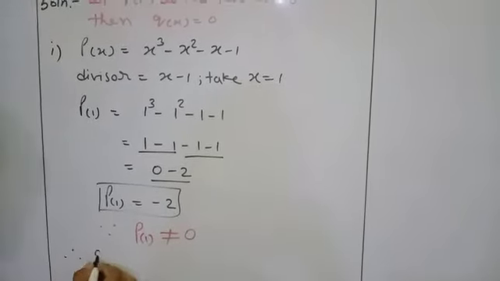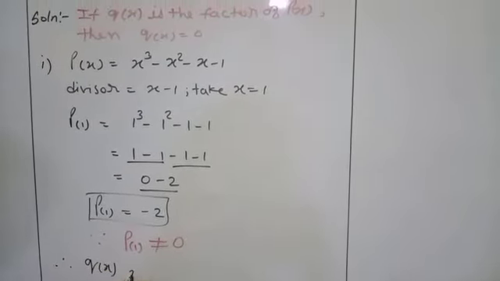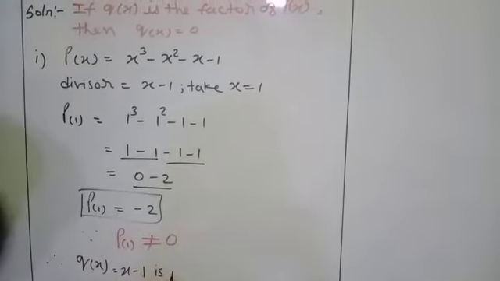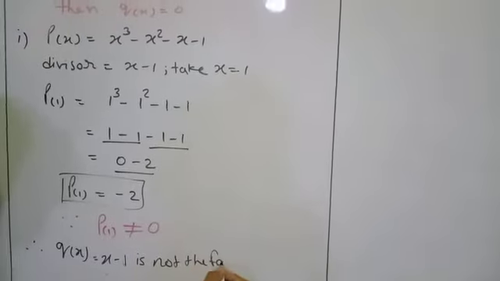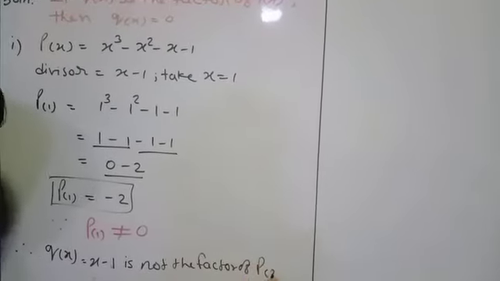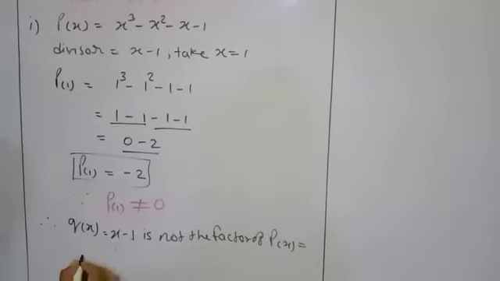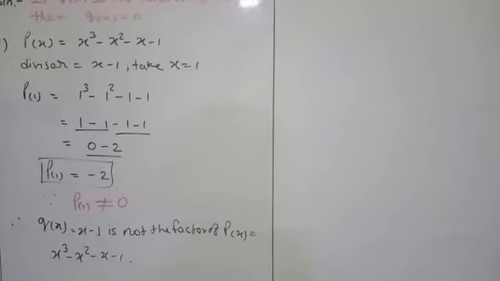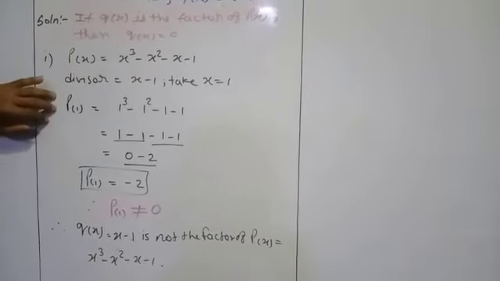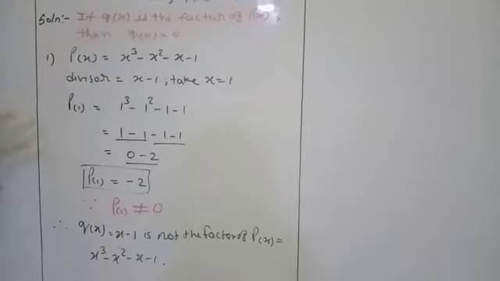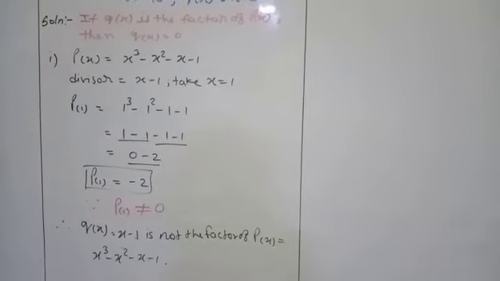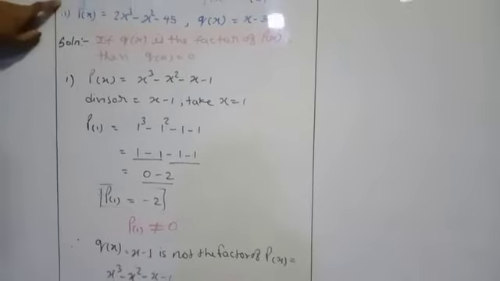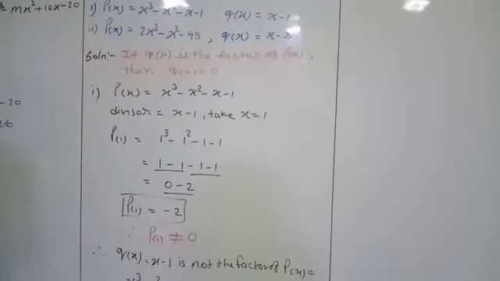Therefore q(x), that is x minus 1, is not a factor of p(x), that is x cube minus x square minus x minus 1. This way we have to consider that q(x) is not a factor of p(x). If it could be a factor, we'd get the answer 0. So in the first one we got that q(x) is not a factor of p(x).